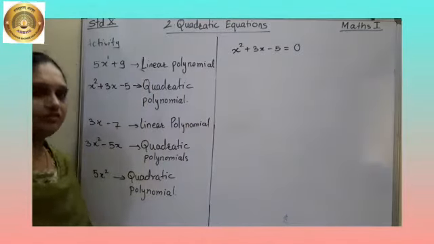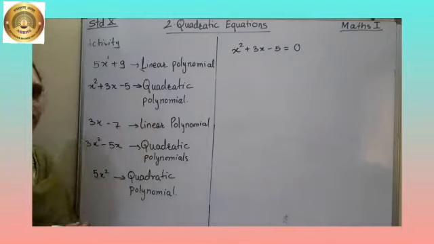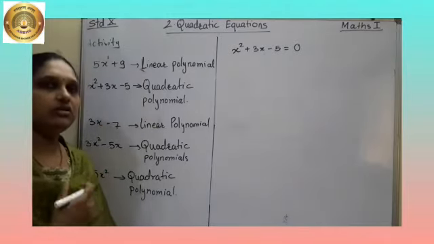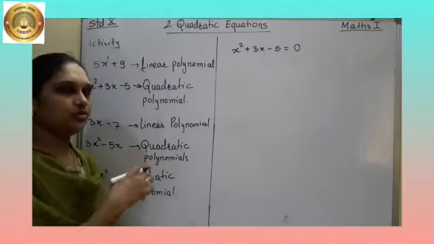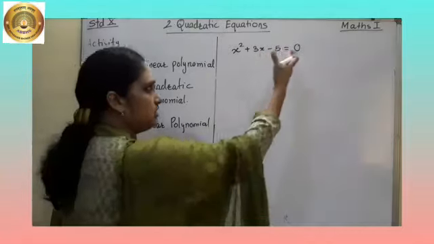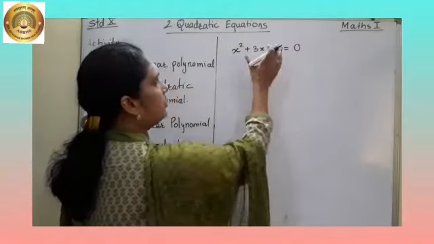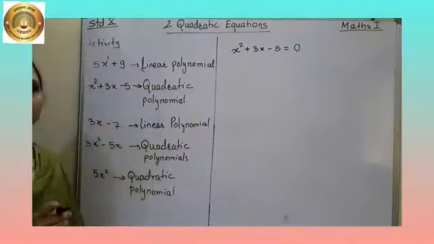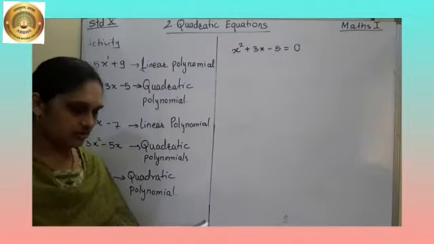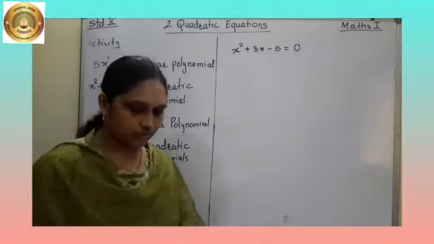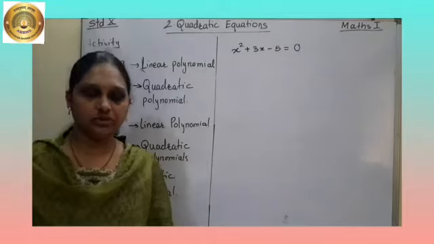So remember the difference. This is called quadratic polynomial. If we equate a quadratic polynomial with 0, then it will be called a quadratic equation.